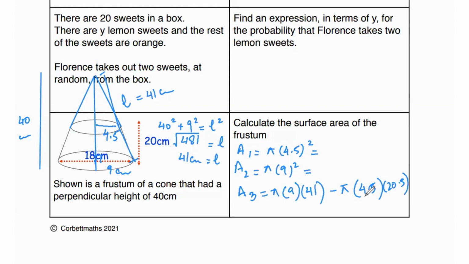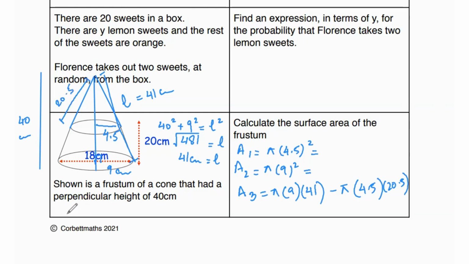So for 20, the curve length is going to be 20 squared plus 4.5 squared, and if we take the square root of 420.25, that's 20.5. Hence, the curve length of this part over here is 20.5.